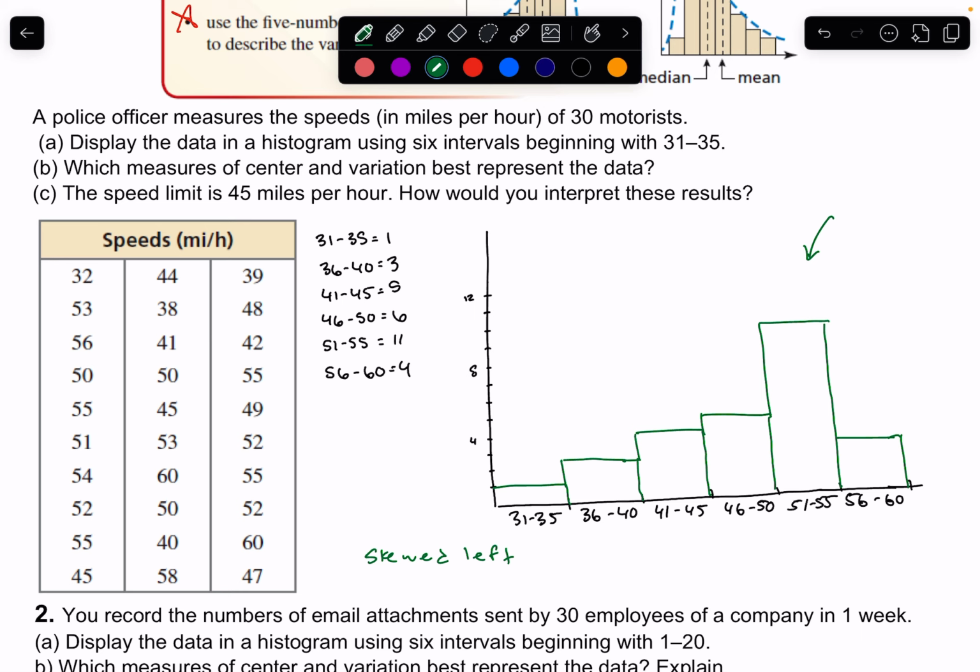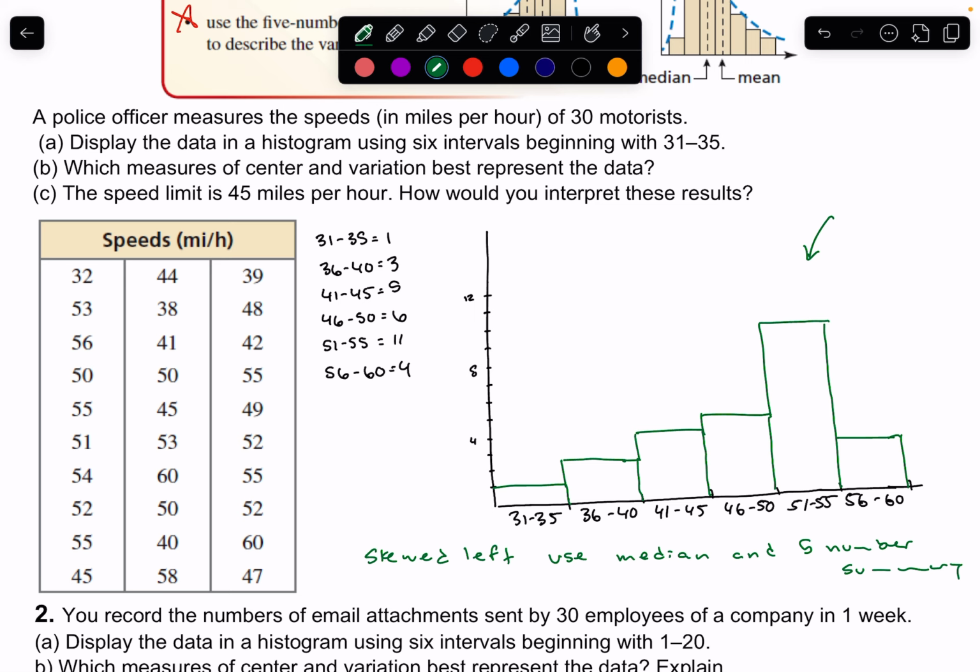But it is skewed left, which means to measure the center and the variation, I should not be using the average. I should be using the median, and I should be using the 5-number summary to describe this data. The average and the standard deviation would be a misrepresentation of this data, all right?